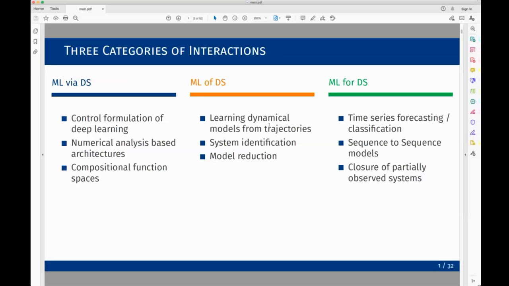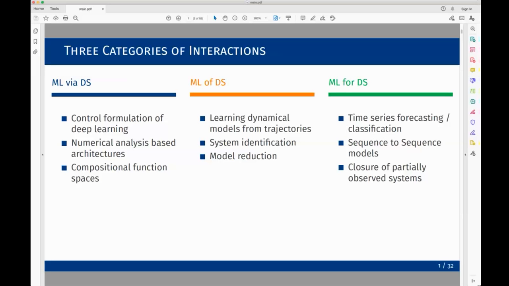The second and third types of interactions are more like the inverse side, using machine learning to study dynamic systems, and here the second and third types have a slight difference. The second type I call machine learning of dynamic systems. That means we have underlying true dynamic systems, and we know our data is generated by certain dynamic systems.